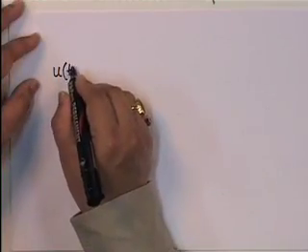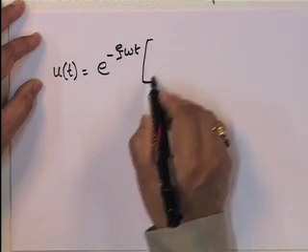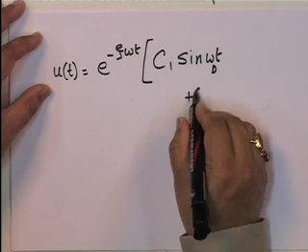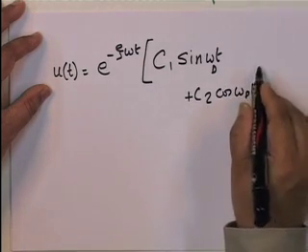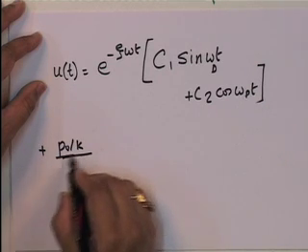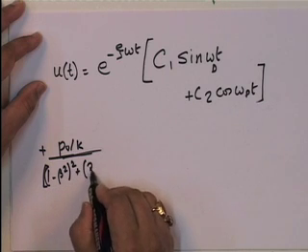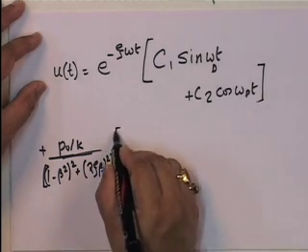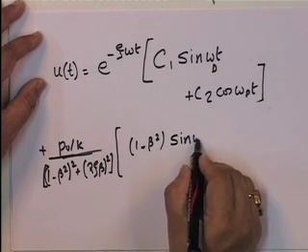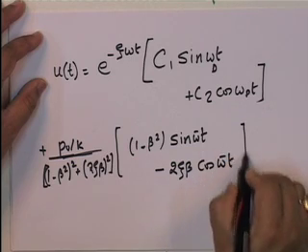t is equal to e to the power of minus zeta omega t, C1 sin omega dt plus C2 cosine omega dt, plus P naught upon k into 1 minus beta squared the whole squared plus 2 zeta beta the whole squared, inside 1 minus beta squared sin omega bar t minus 2 zeta beta cosine omega bar t.